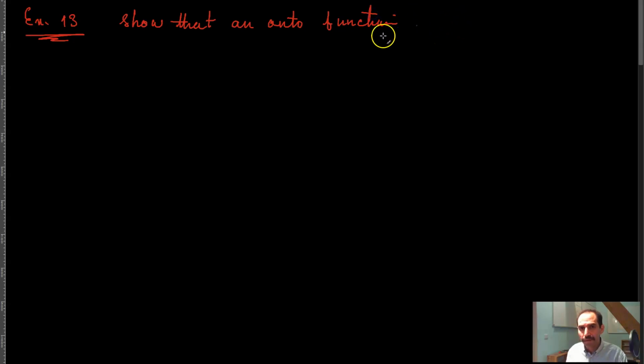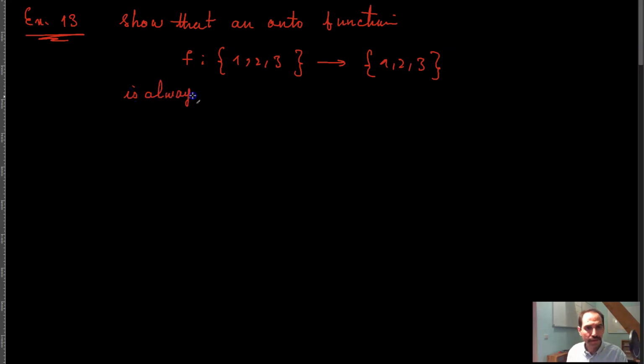Show that an onto function f from the set 1, 2, 3 to the set 1, 2, 3 is always 1-1.